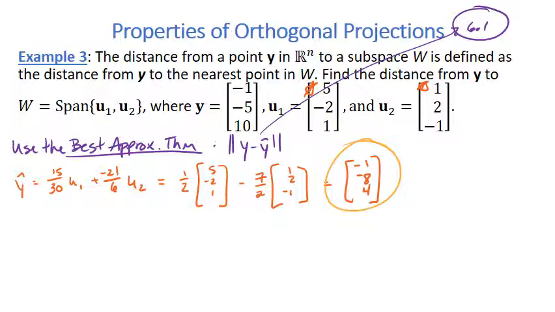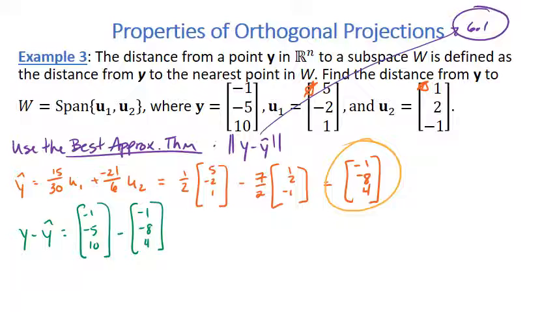Great. Now I'm going to take y minus y hat, which is -1, -5, 10, minus -1, -8, 4. This gives me the vector 0, 3, 6. Now what I want to do is find the length of that, because this is going to give me the shortest distance.